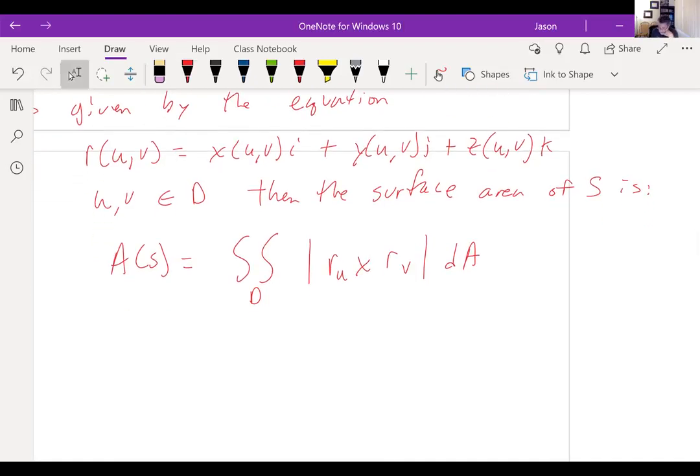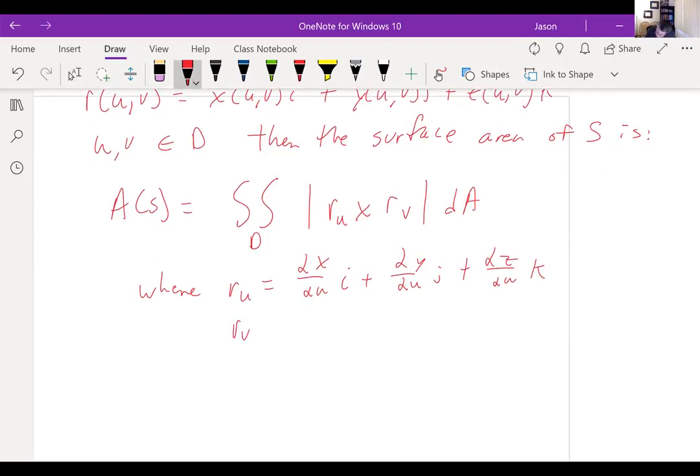So that's the magnitude of that thing, where r_u is equal to the partial of x with respect to u, i, plus the partial of y with respect to u, j, plus the partial of z with respect to u, k, and r_v is equal to the partial of x with respect to v, i, plus the partial of y with respect to v, j, plus the partial of z with respect to v, k.